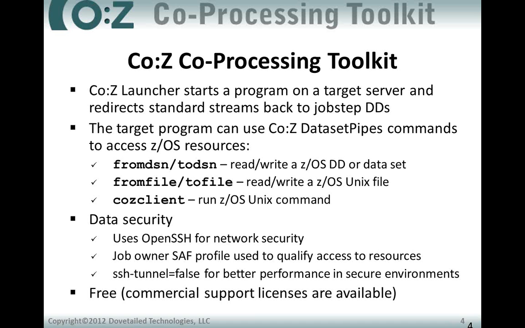And then finally, by default, the data that the remote program transfers from z/OS for its processing is typically tunneled back over SSH for network security. However, in secure environments on the zEnterprise, where we have networks like HiperSockets and the IEDN, this tunneling can be turned off to provide much better performance in these secure environments without a loss of security.